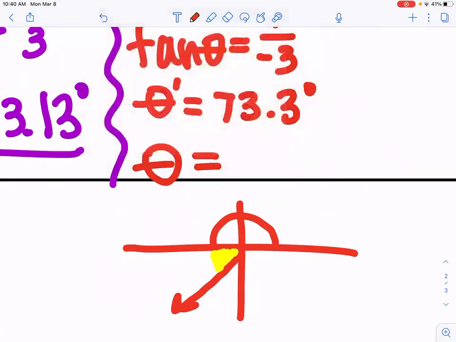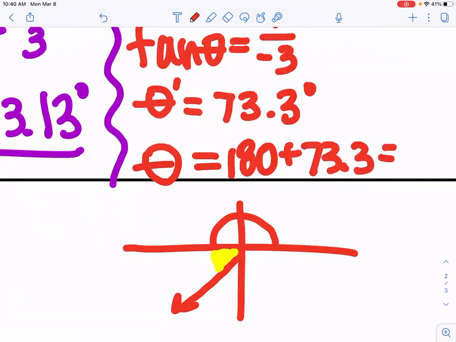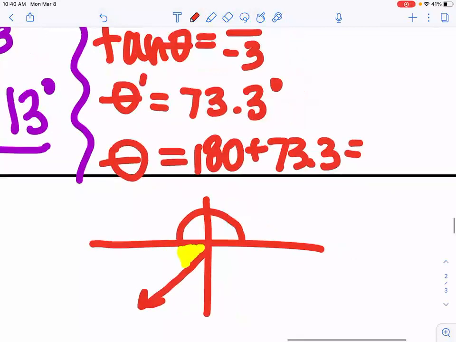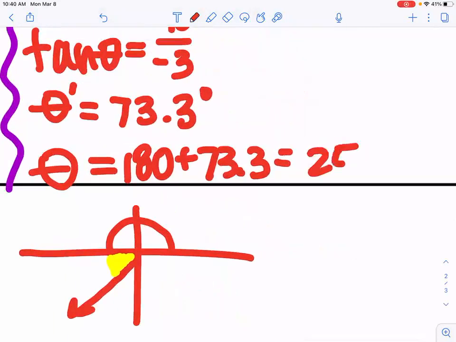What do we need to do to get the whole thing? Okay, thank you. So our direction angle is actually 253.3 degrees. If we were in the 2nd quadrant, we would have to take 180 minus our angle. You know how to work with reference angles. Your inverse tangent will always give you a reference angle. Just in the nick of time, we got there.